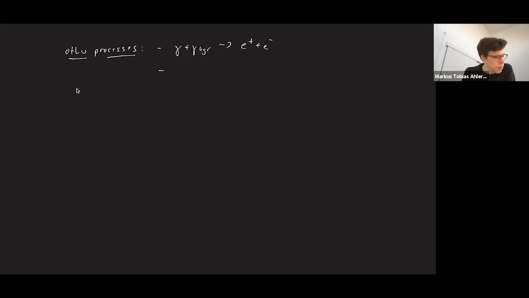Or you could have a scattering process of a cosmic ray with a background photon that produces a pair of electron and positron. So this is also called Bethe-Heitler pair production. Sorry, my handwriting is not the best.